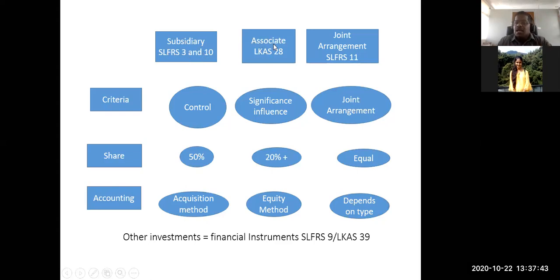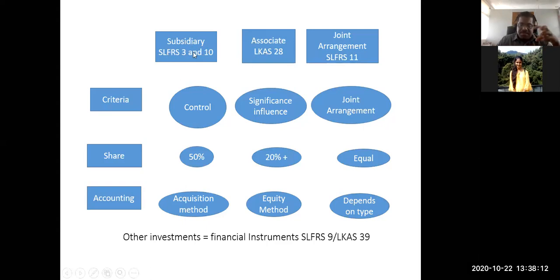Then associate, we have covered it, and the same for joint venture, but I am just taking associates here. Then another investment is called joint arrangement, which is our topic today.